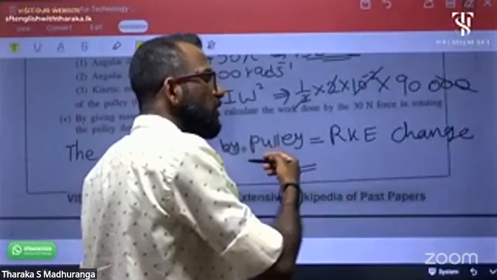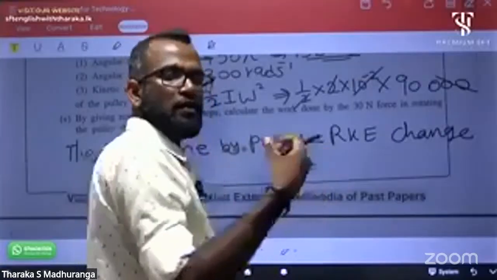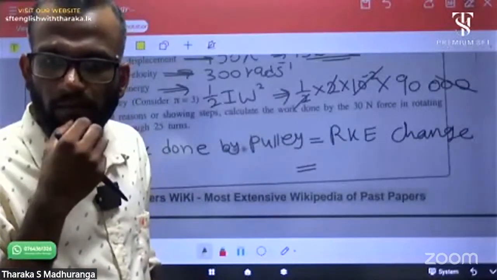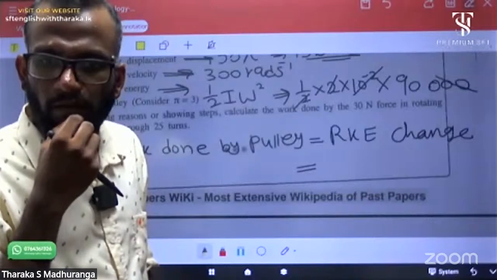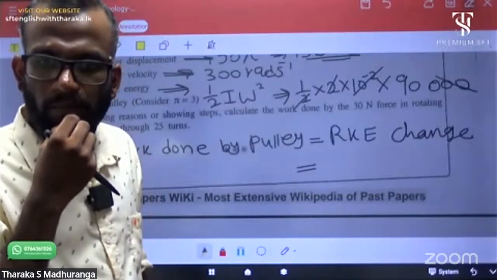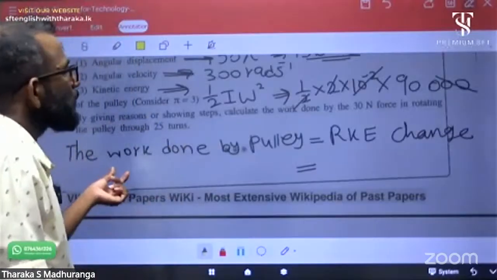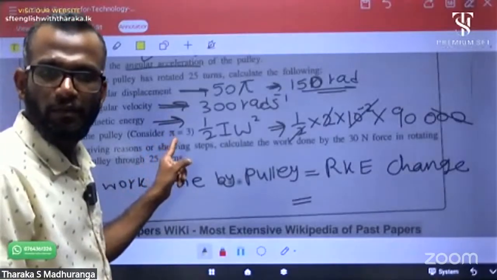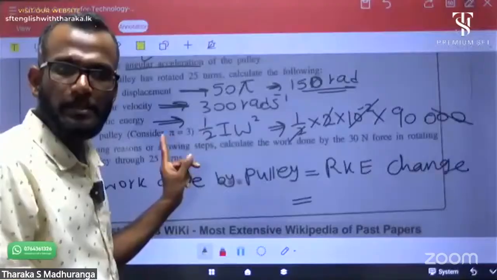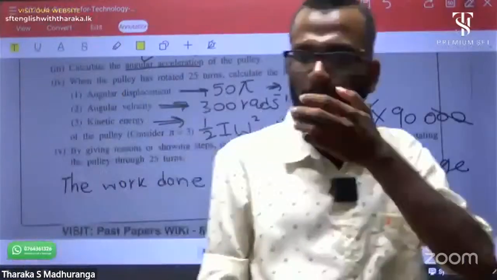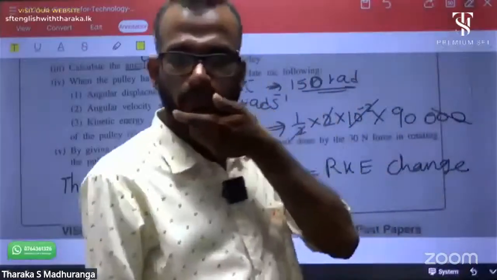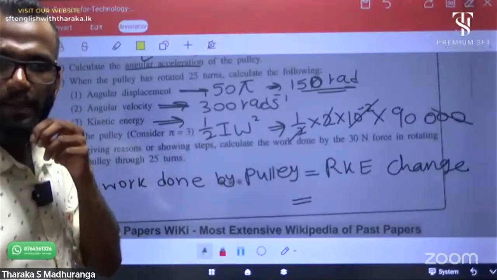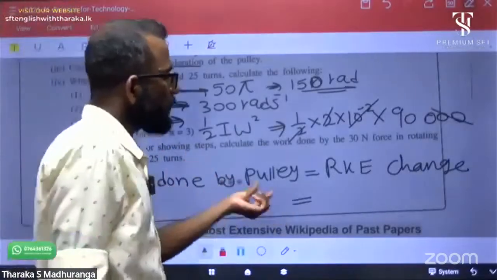Okay, what is the rotational energy change? The final kinetic energy.